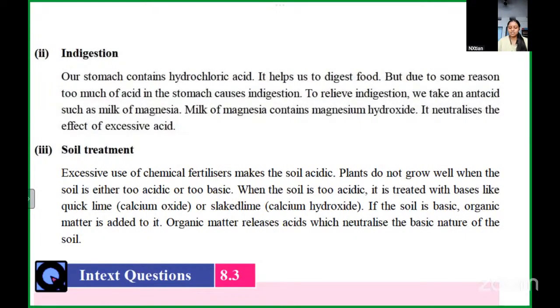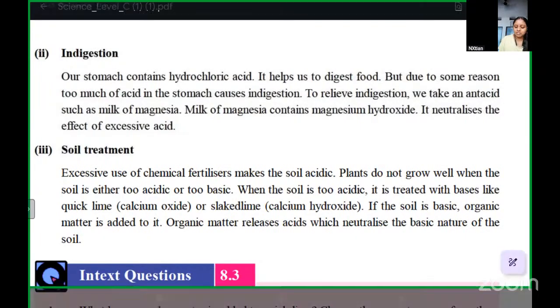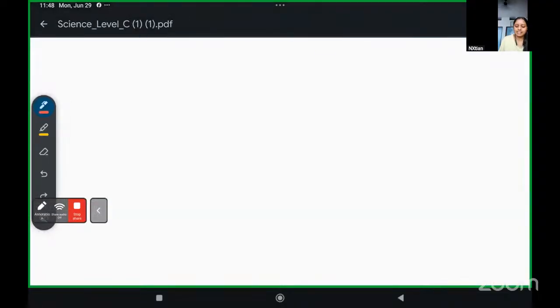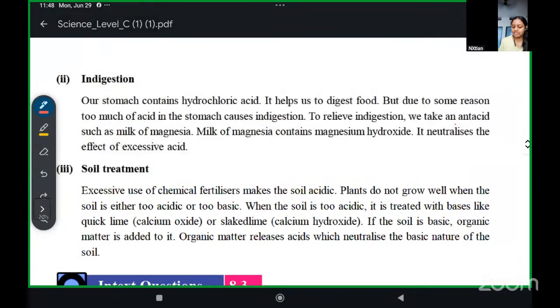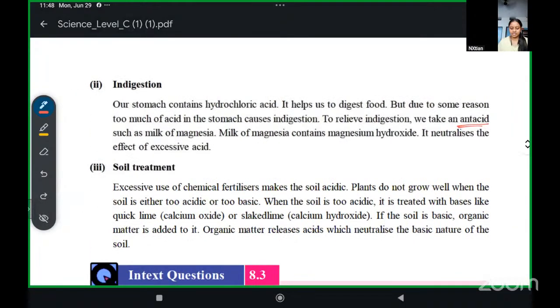To relieve this, we take an antacid. Antacid means the opposite of acid, called milk of magnesia. There is a syrup of milk of magnesia that is taken to relieve indigestion.